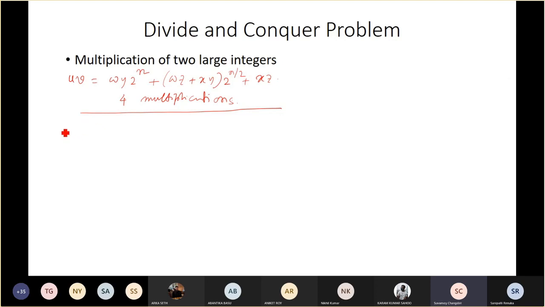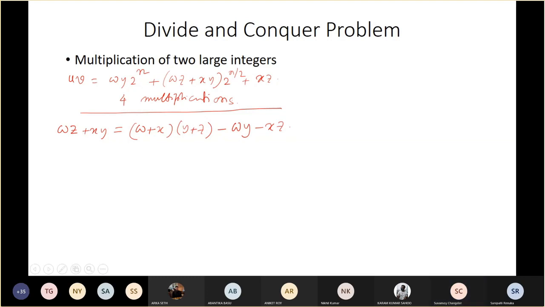Now let us check this wz plus xy. We can write this wz plus xy as w plus x into y plus z. So we will get wz and xy, and we are having two more terms, which are wy and xz. So we can subtract these two values, wy and xz.